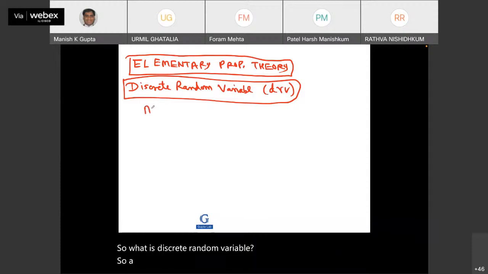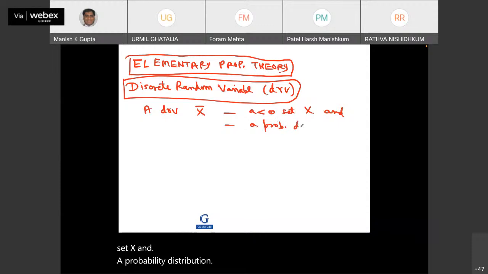A discrete random variable, say capital X, consists of two things: a finite set X and a probability distribution defined on X. We denote it by X bar.